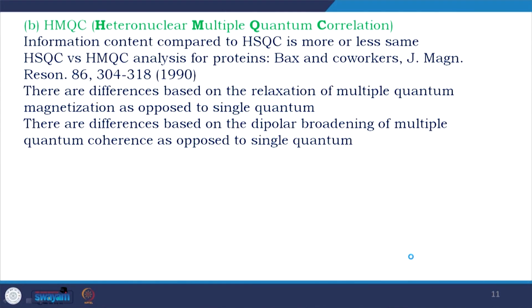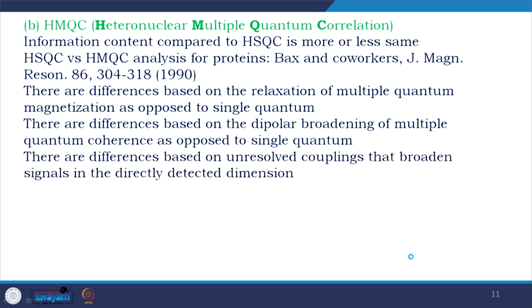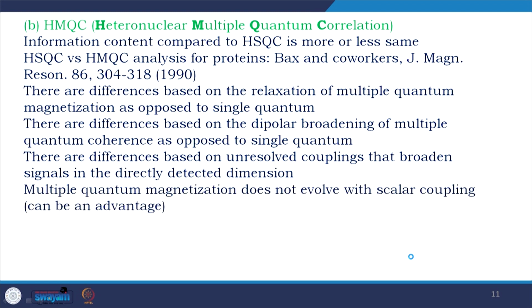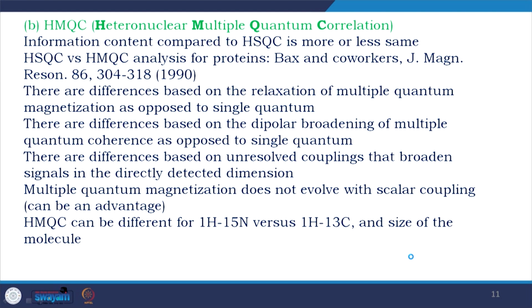There are differences based on the dipolar broadening of multiple quantum coherence as opposed to the single quantum. There are differences based on unresolved coupling that broaden signals in the directly detected dimension. Multiple quantum magnetization does not evolve with scalar coupling, which could be used as an advantage in some cases.